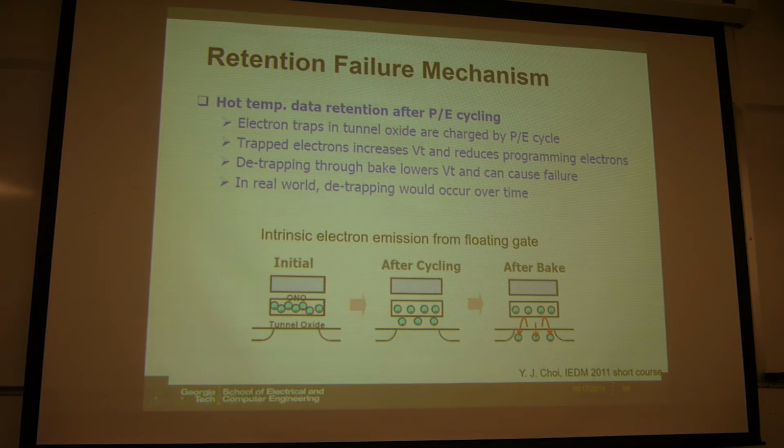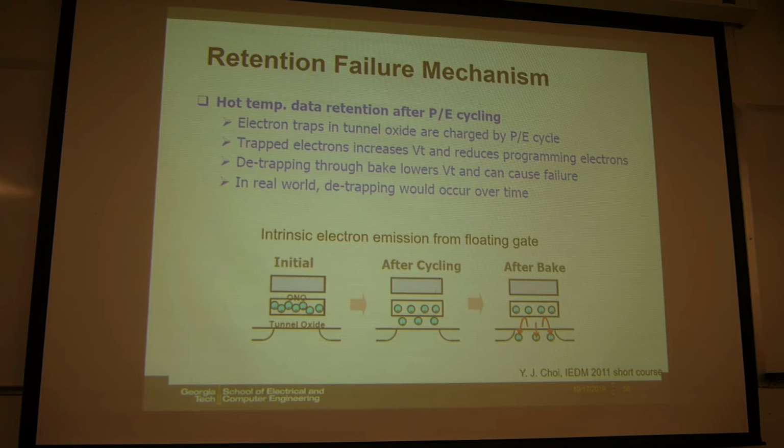So for example, after bake, the electrons may jump out from the floating gate. Then your threshold voltage will change. If electrons jump out from the floating gate, your threshold voltage will decrease, right?